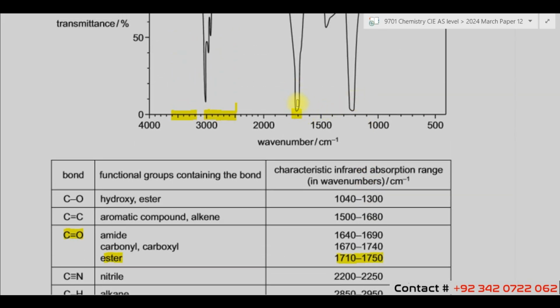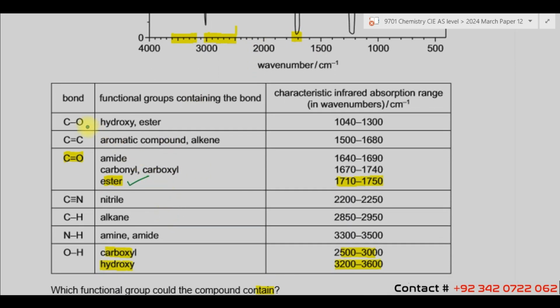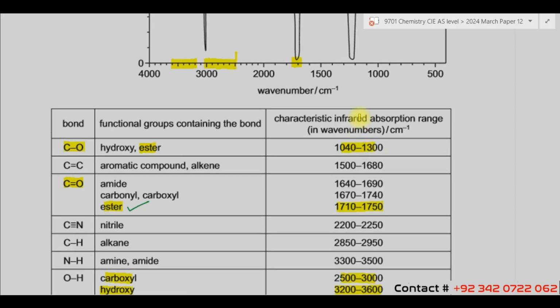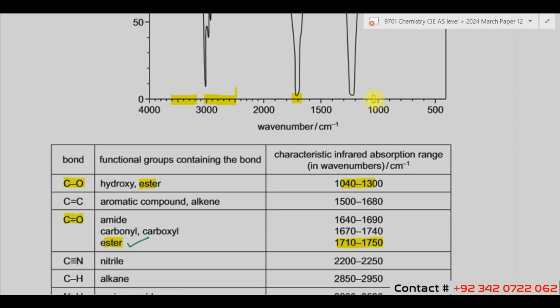We do have a peak over here. The second peak is C single bond O in ester. It is between 1040 to 1300. We do have a peak.